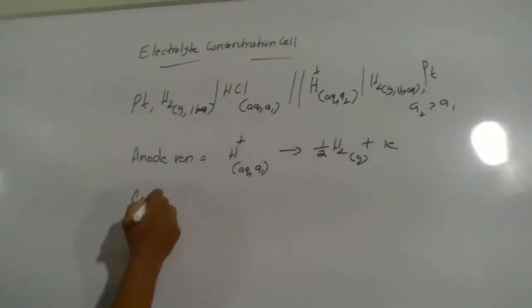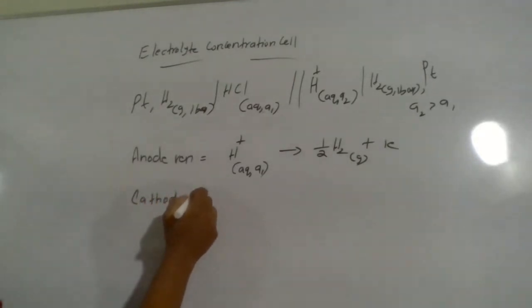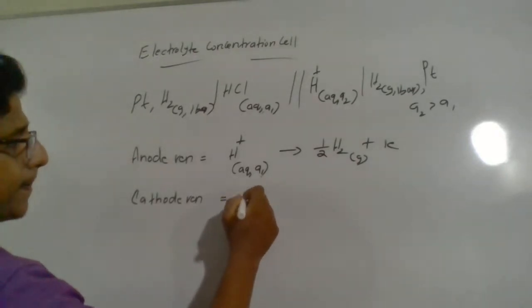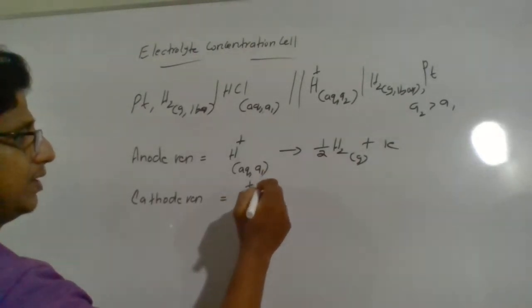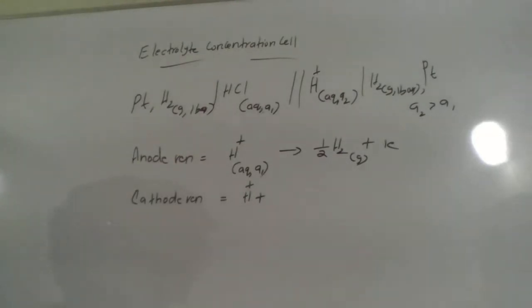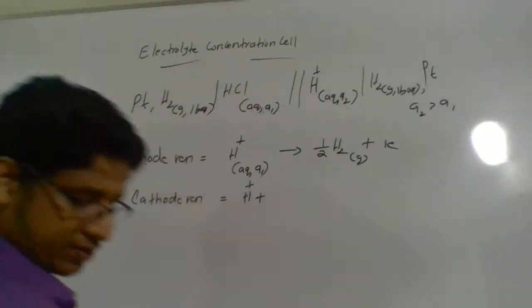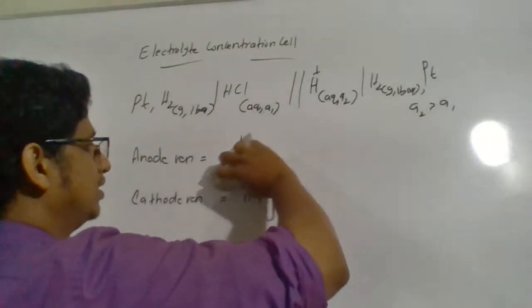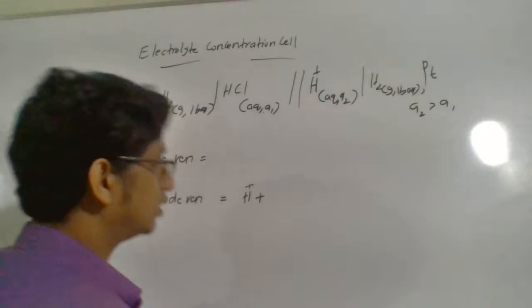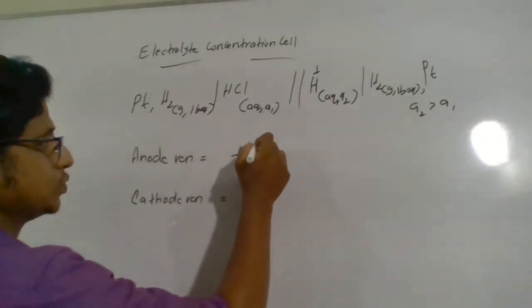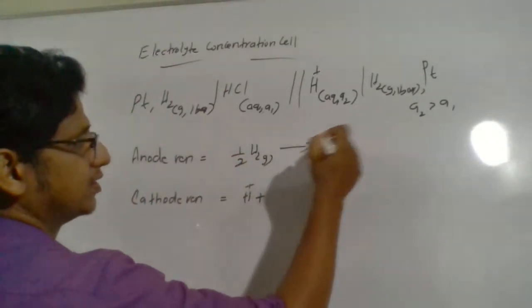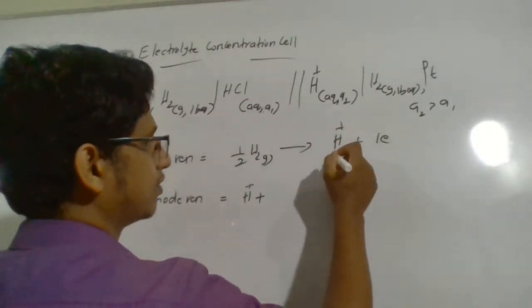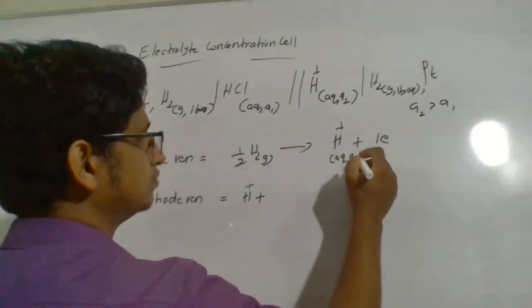Cathode reaction: sorry, anode means oxidation, so how you have to write it is half H2, hydrogen gas, is converted into H plus and 1 electron, where this is aqueous A1.